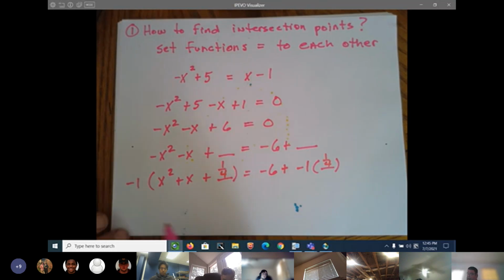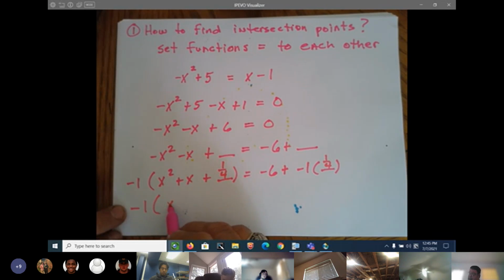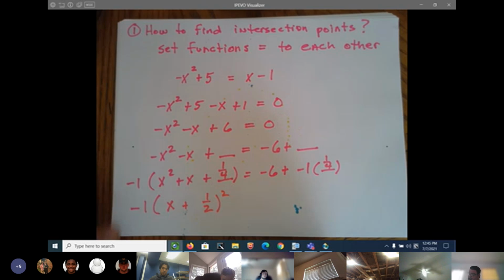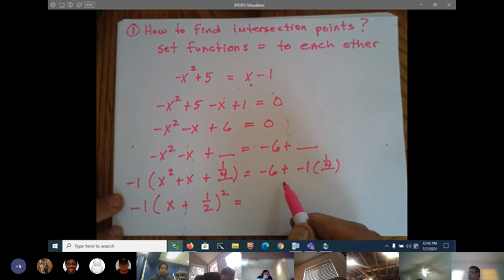So negative 1 times x plus 1/2 quantity squared is equal to negative 6 plus a quarter, or plus a negative quarter, is negative 6 1/4.